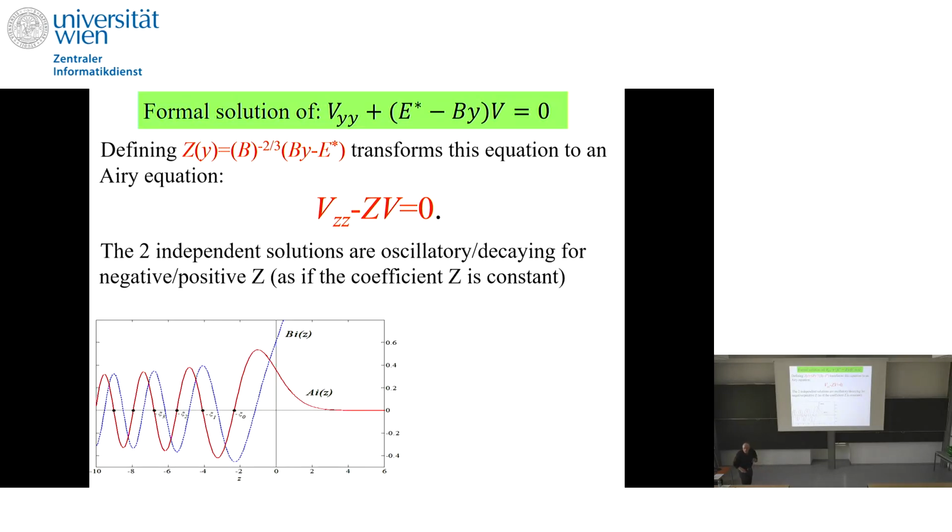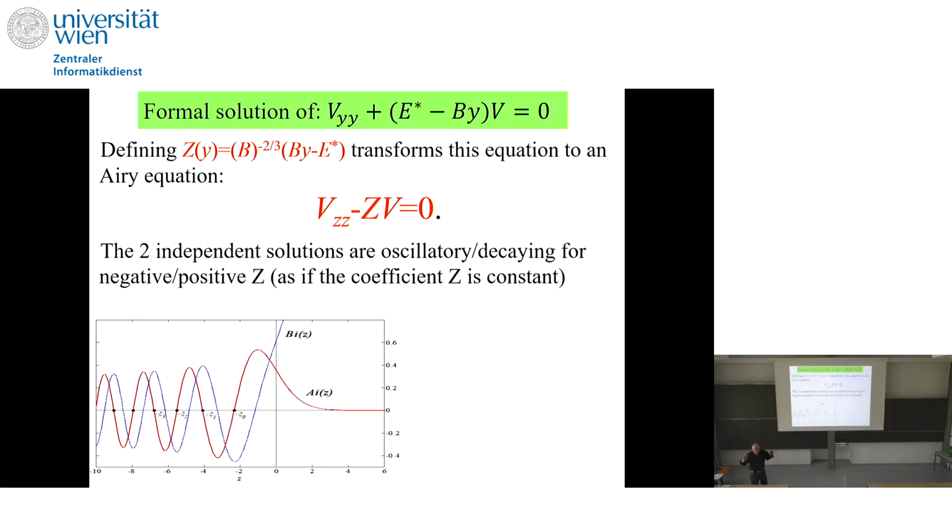But these waves are actually oscillatory on the negative z line. And when you go to positive z, one of the two solutions decays faster than exponential, and the other one increases faster than exponential.